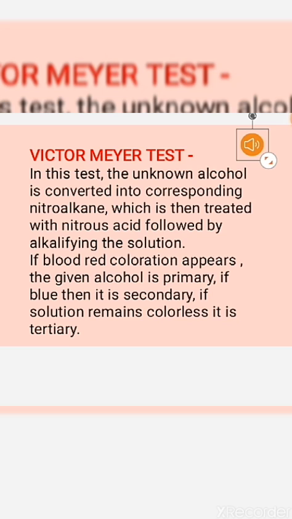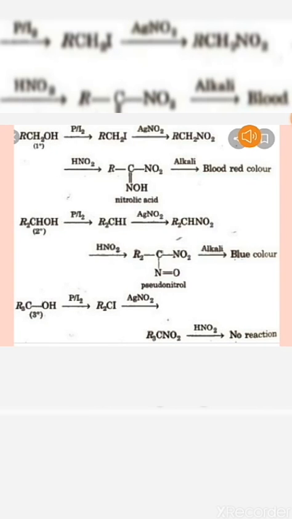So by seeing the colors we can distinguish primary, secondary and tertiary alcohols. Go through these reactions of the Victor Meyer test. We can see easily how many reactions are given by primary alcohols, then secondary, then tertiary. On this basis we can separate them.